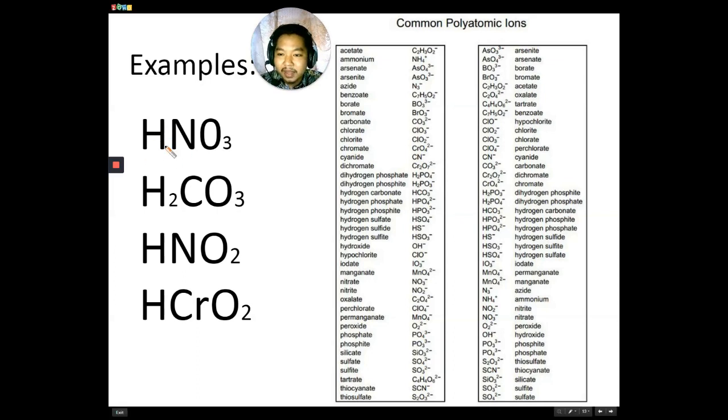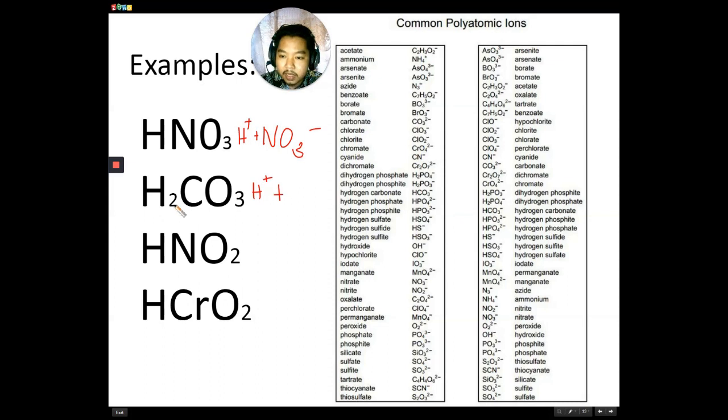So hydrogen, the subscript here is 1. I'll assume that my NO3 has a negative 1 charge because my hydrogen is positive. Hopefully you understand by now that I can get the charge by looking at the subscript. So let's do that to all the polyatomic ions involved.